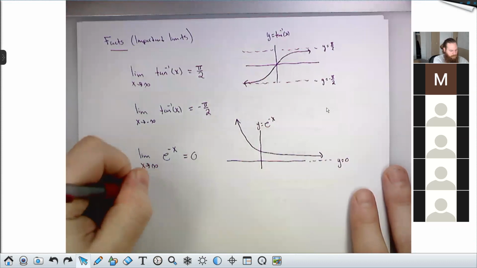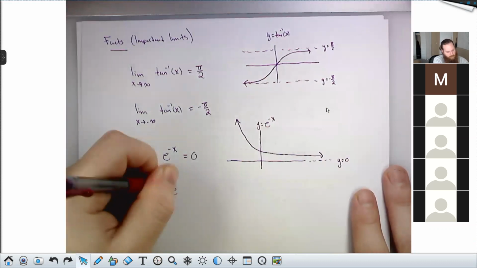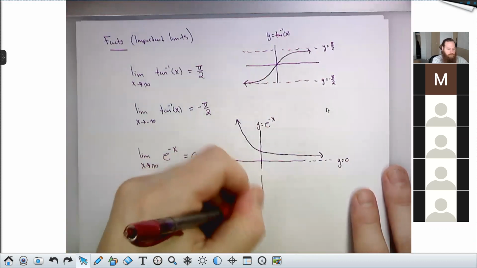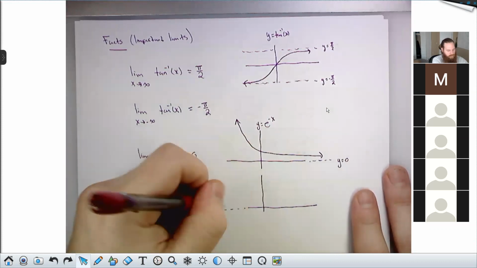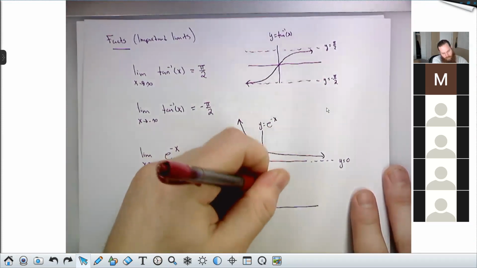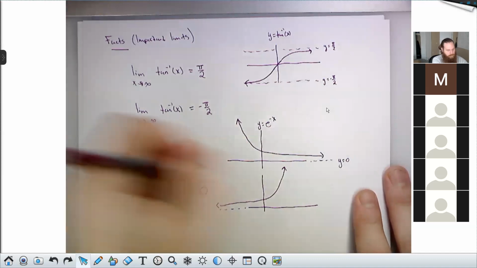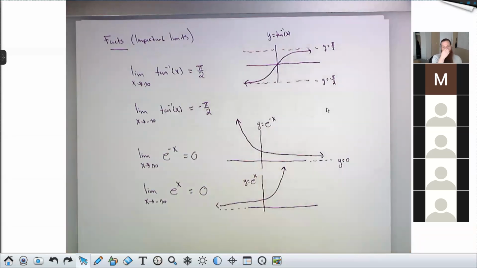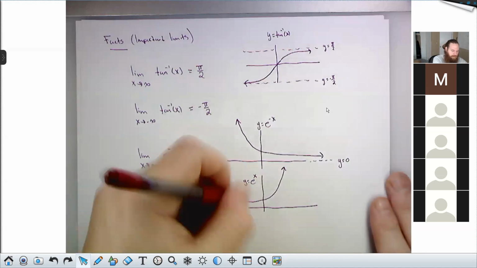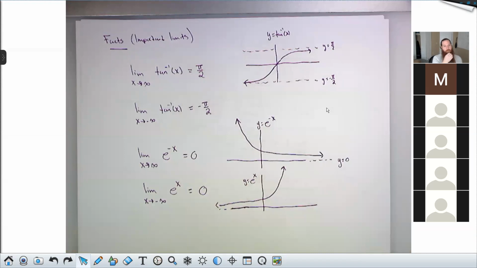And as a consequence, the limit as x goes to negative infinity of regular old e to the x. You can take it as a consequence, or you can think of it as its own thing. This is also 0. This is the graph y equals e to the x. So some basic graphs that happen to have horizontal asymptotes, and the limits that we can deduce from those graphs.